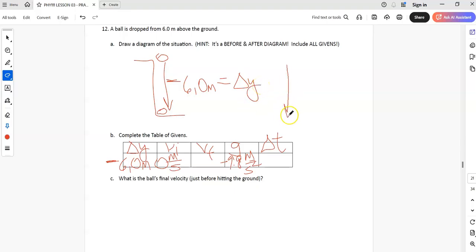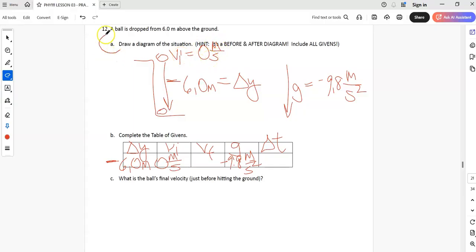We also know that gravity points down, so it has a value of minus 9.8 meters per second squared. And we know our initial velocity is 0 meters per second.